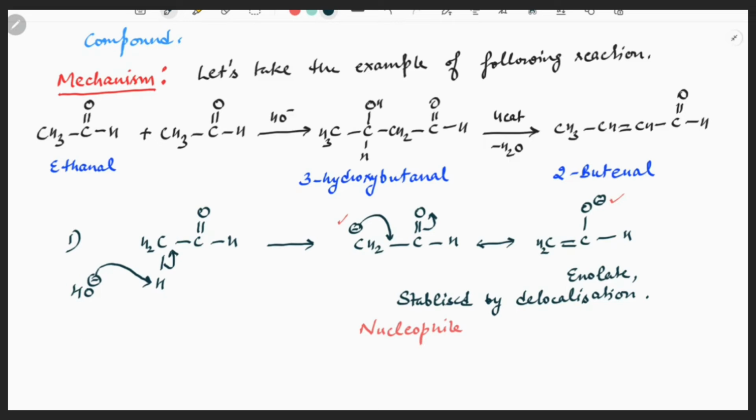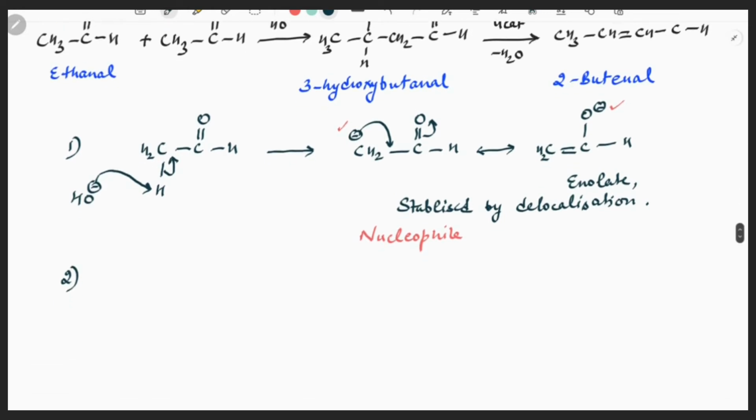In the second step, the enolate formed reacts with the second molecule of ethanal. Now you have to go to the structure of the aldehyde.